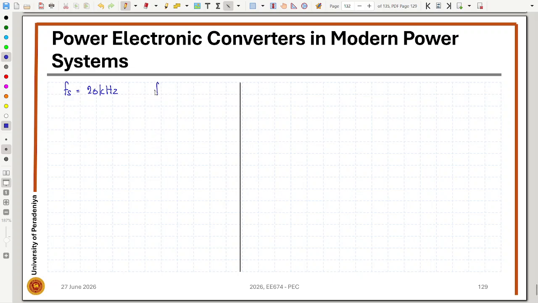For that we have to have a filter, and we can have the filter cutoff frequency, let's say, at 10 kilohertz. This is the one which is going to determine our controller bandwidth.